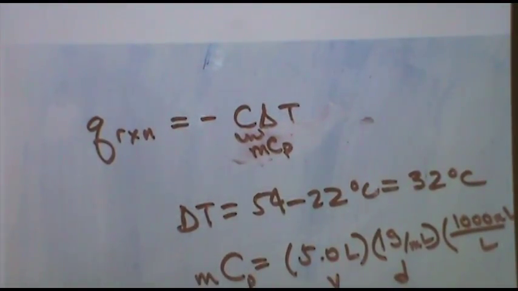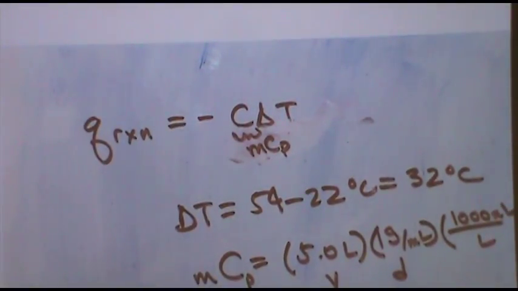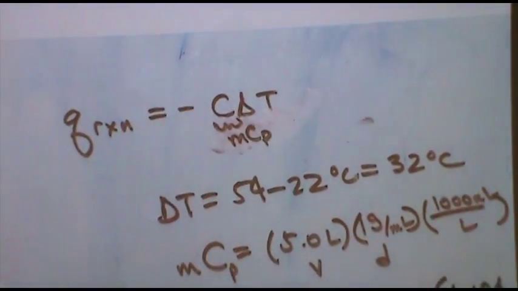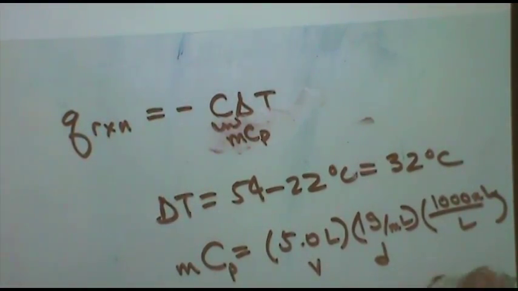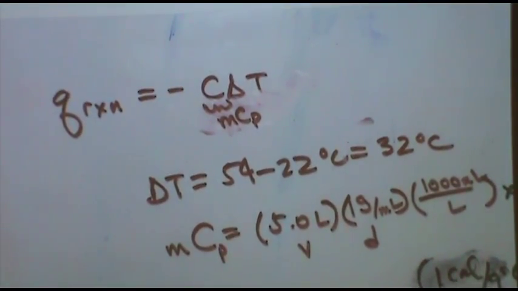So all that just to get the mass, times, I'll have to do this on the next line, the specific heat of water. Do they want calories or joules? 1 calorie per gram degrees C. Okay, so there's that whole term.